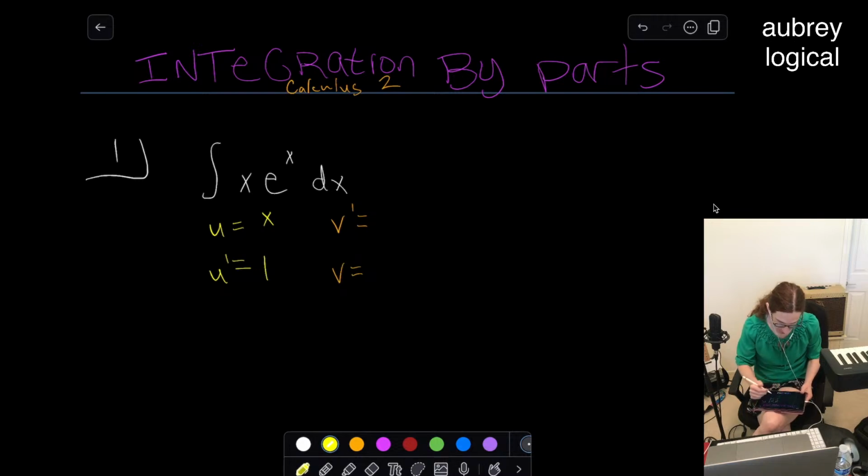This leaves us with e to the x as our v prime. Now e to the x's derivative is e to the x, and its antiderivative is also e to the x.